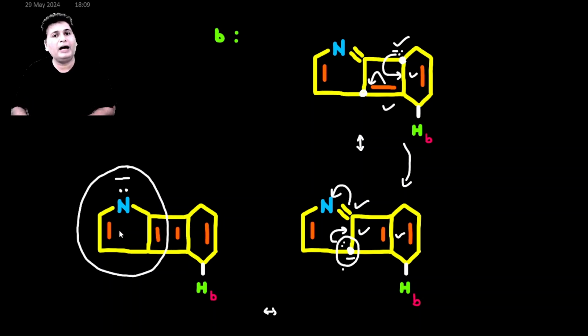You will find that all the atoms are sp2 hybridized. So it is a flat portion of the system. And if you try to see whether there is a presence of cyclic conjugation or not, you will find yes. How? Minus, single, double, single, double.